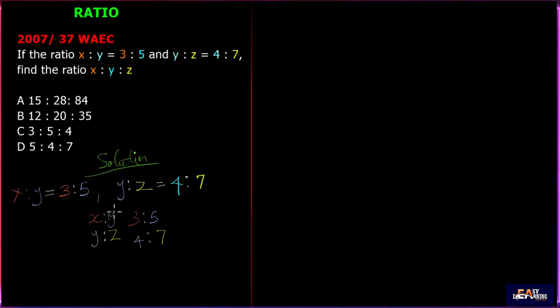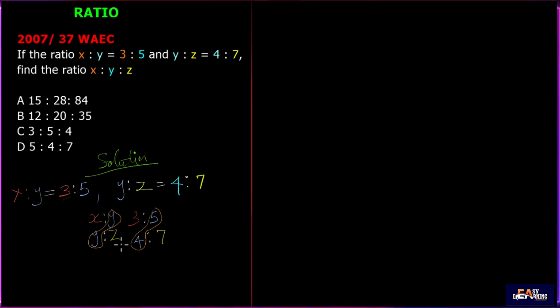If I circle the y's together, you'll see very well that their values are not the same. They have different values, 5 and 4. So what we want to do is ensure that y has only one value.